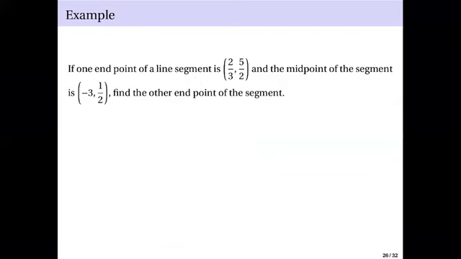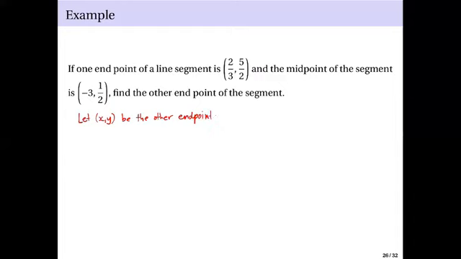You start with naming the other endpoint. So let (x, y) be the other endpoint. Then you have the midpoint, which is this.